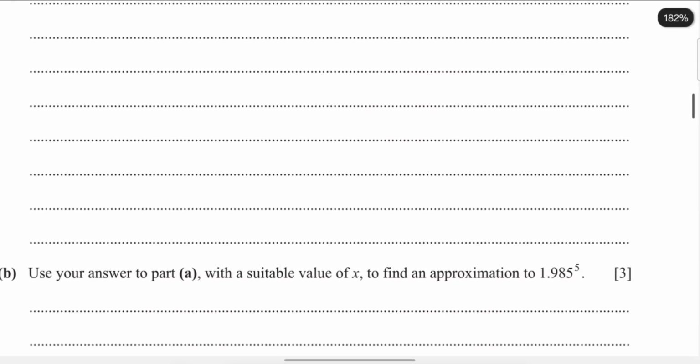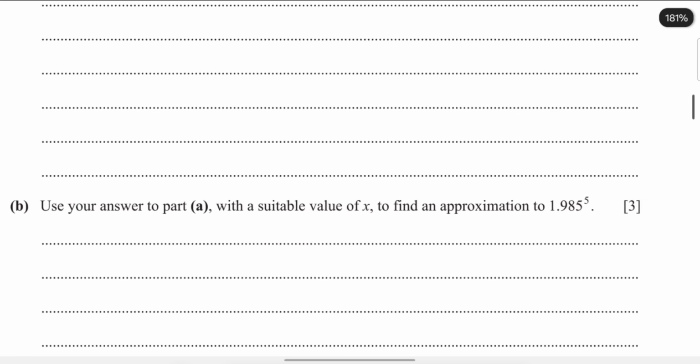And so moving on to the second part, which says use your answer to part A with a suitable value of x to find an approximation for 1.985 to the power 5. We are required to use our answer from the previous part with the suitable value of x, right?